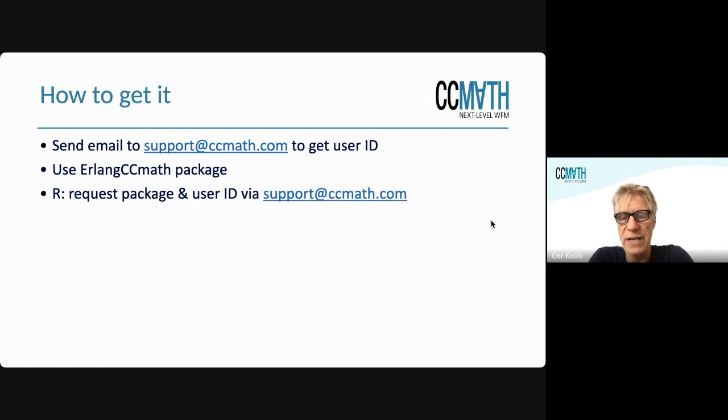I myself am more of an R user actually, so I have it running on my own laptop in R, and it works very nicely. And also for R, just send an email to support and tell them, of course, that you're interested in the Erlang for R package, and they'll give you the software and a license ID.